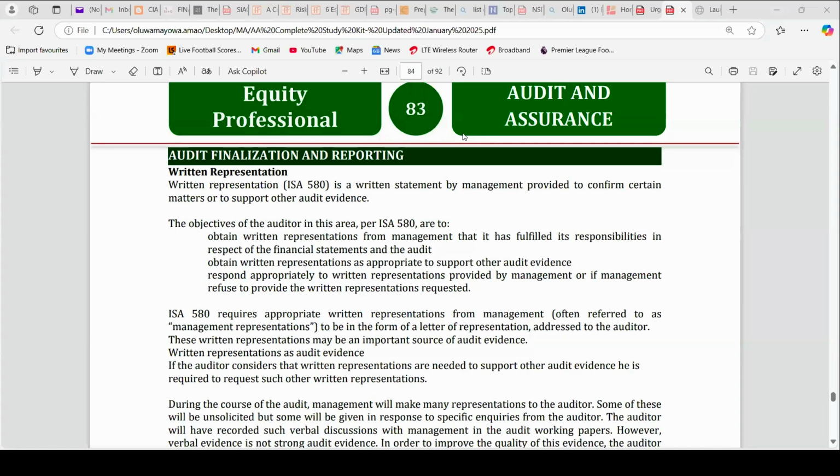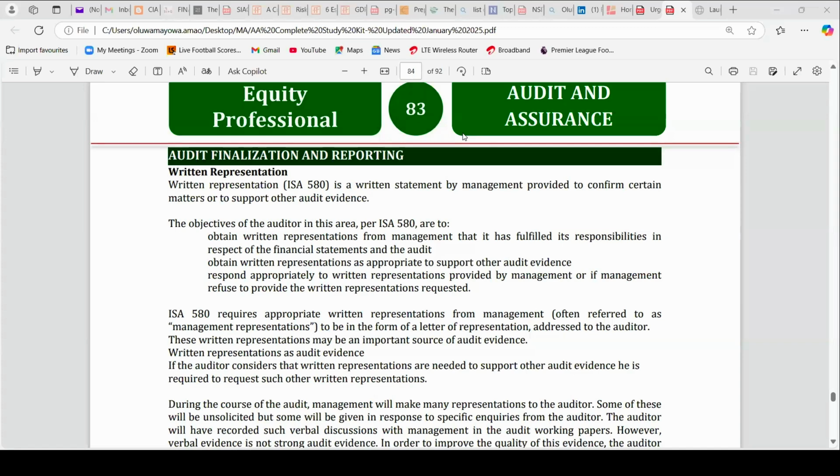So in situations where the audit evidence needs management confirmation, or management to also say that, okay, this audit evidence is fine, or they agree, the standard is saying that the auditor should obtain written representation where appropriate to support audit evidence. So that's the second objective of the written representation standard.